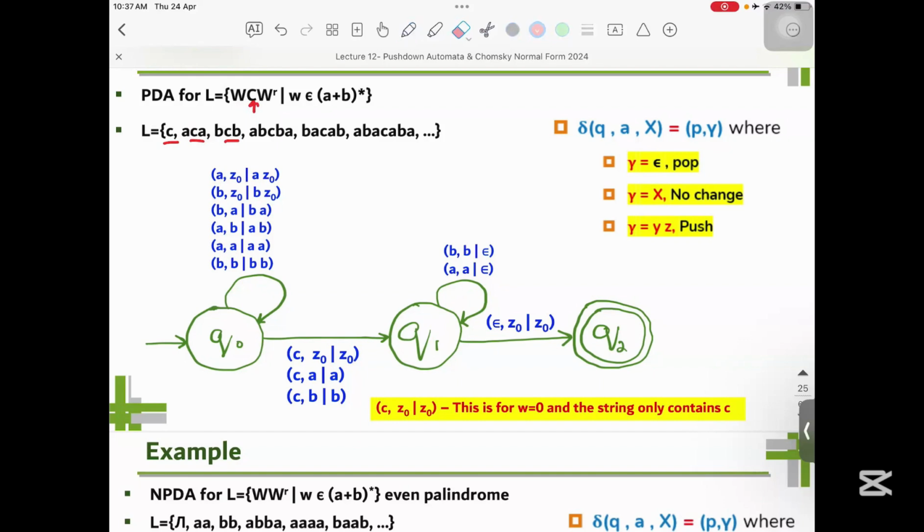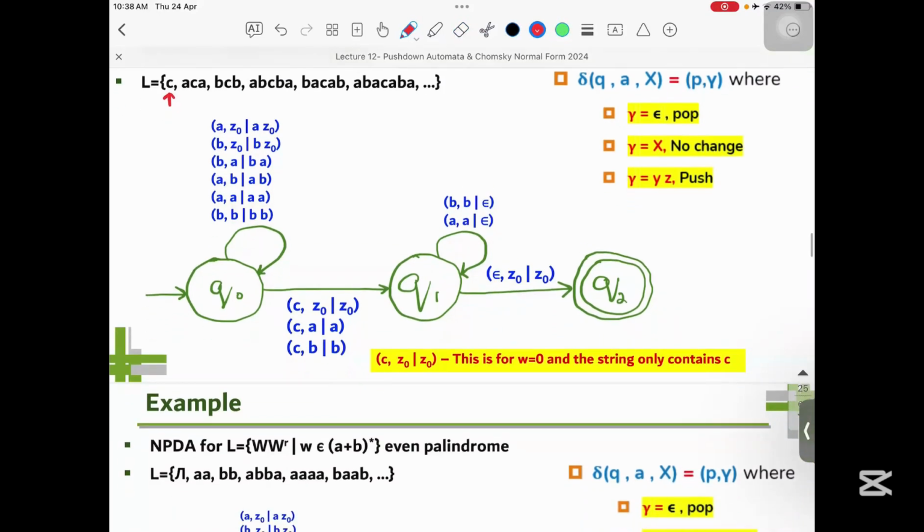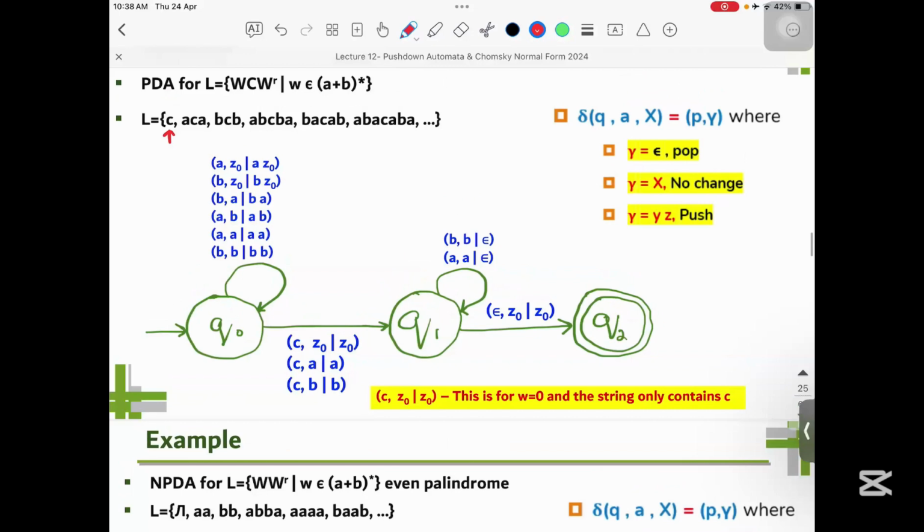So in order to create a PDA, let's first create the PDA for the smallest one. In this case, when you have only C, we don't need to push anything. It's not like defining A as push and B as pop. How will we define the logic?